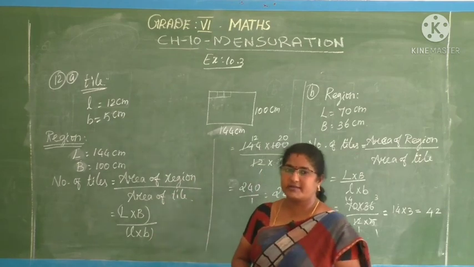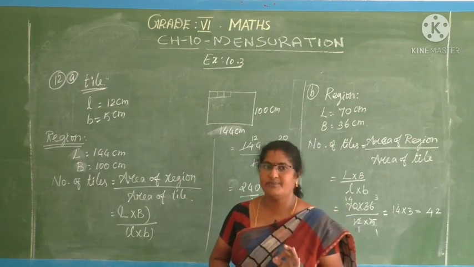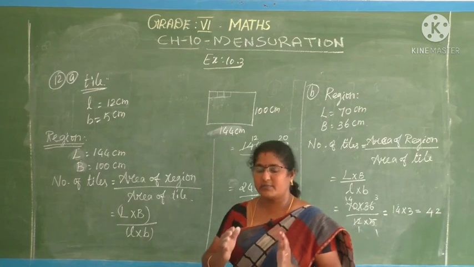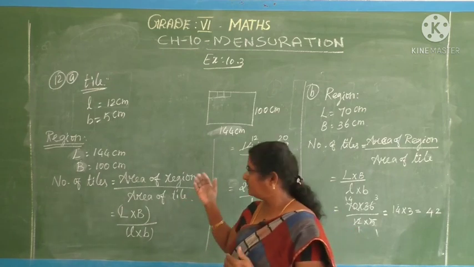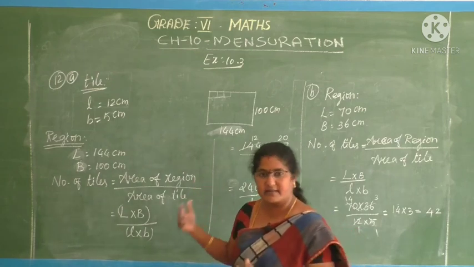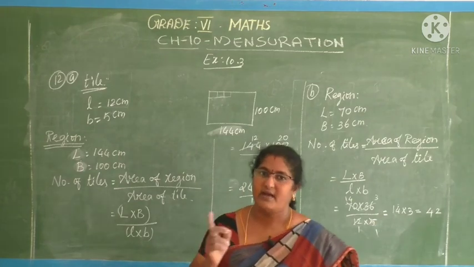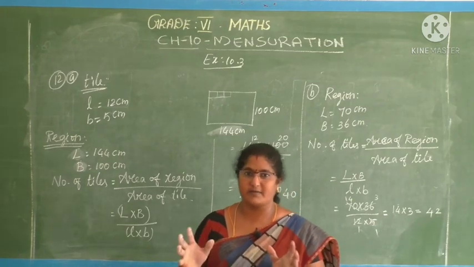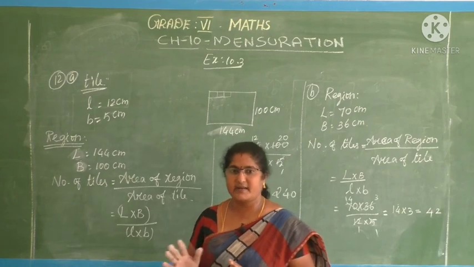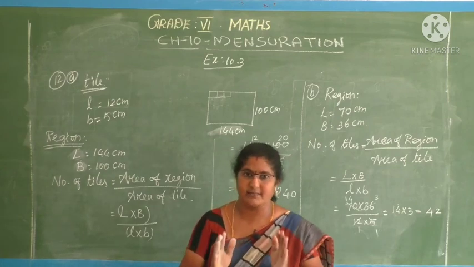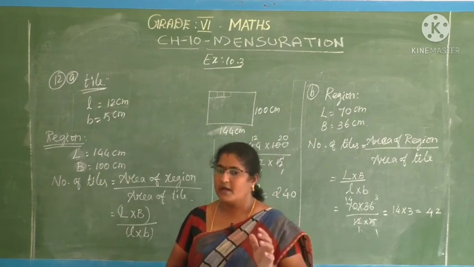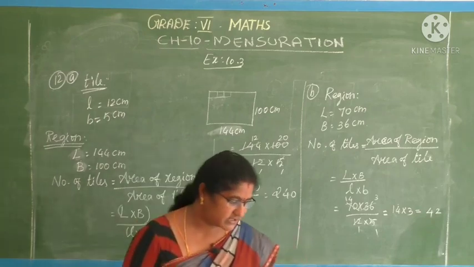For that we have to read the question clearly and understand it, then identify and write whatever measurements are given, and what we have to find, whether area or perimeter of what shape. Then identify and write the formula, substitute and solve it. That's all in this chapter.